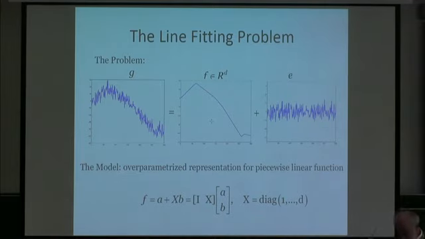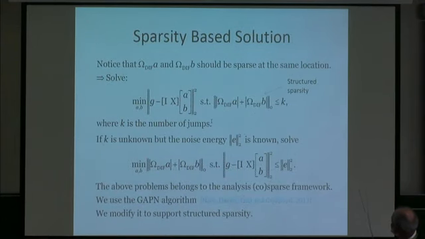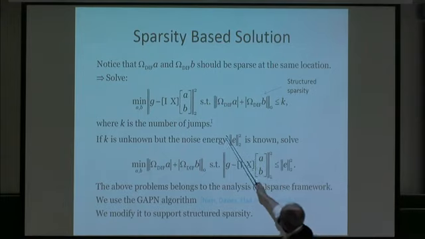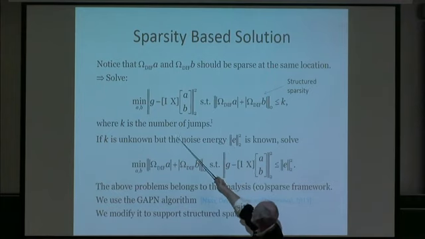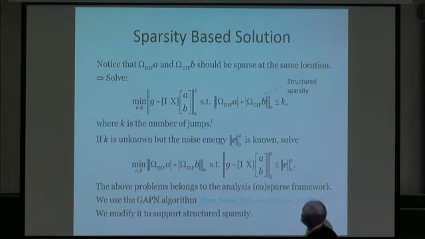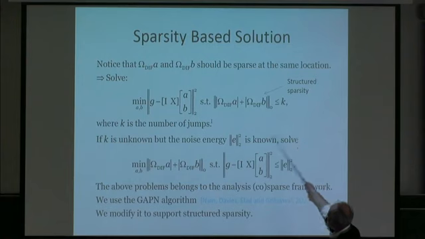So this is exactly following the procedure that I showed. Here is the sparsity-based solution. You define k, the number of jumps that you expect, and you can take k as an upper bound of how many jumps you have.